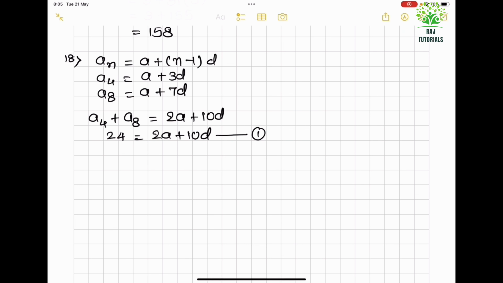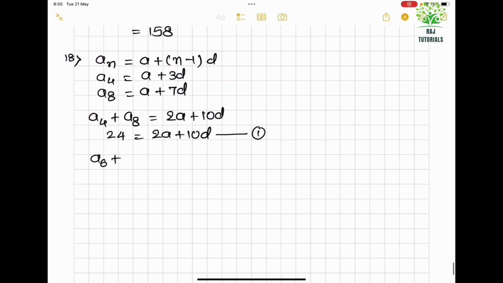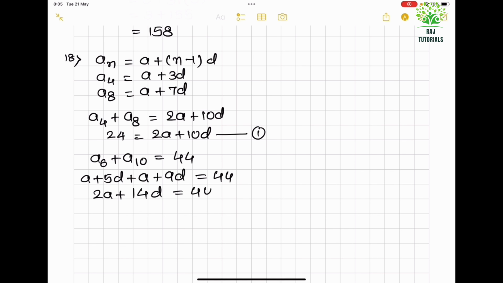Now the second one he has said a6 and a10. a6 plus a10 equal to 44. So using the formula directly I can say a plus 5d plus a plus 9d will be 44. So a plus a, 2a, 9 plus 5, 14d equal to 44. This is 2.